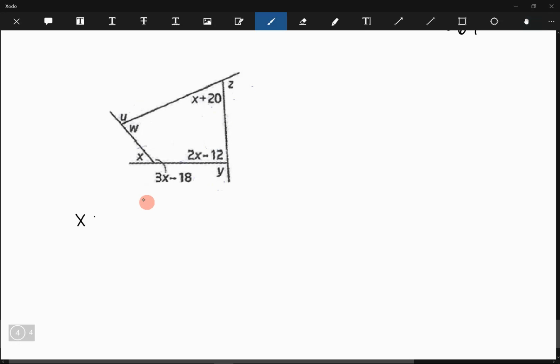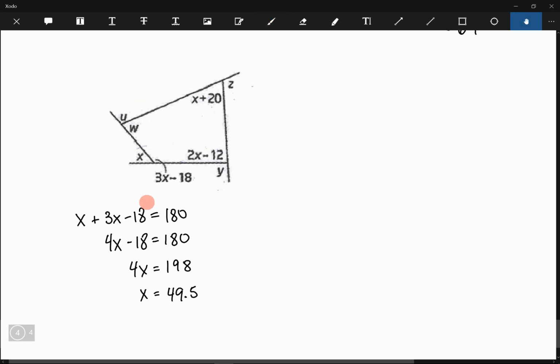So x plus 3x minus 18 equals 180 degrees. Okay, collect like terms. 3x plus x is 4x, minus 18 equals 180 degrees. Add 18 to both sides, so I have here 4x equals 198, and I divide both sides by 4. X is equal to 49.5.